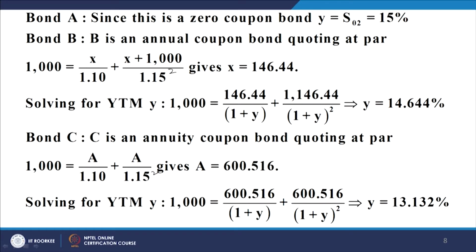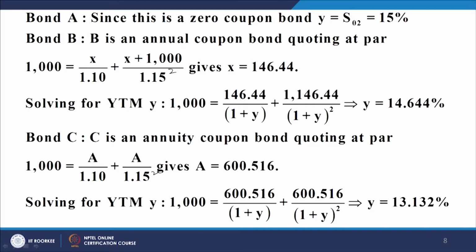A divided by 1.10, because the spot rate for a 1-year payment is 10%, plus A divided by 1.15 squared, because the spot rate for 2 years is 15% per annum, and this gives us A is equal to 600.516. So, this means that the annuity that we will get at the end of the first year is 600.516, which is also equal to the annuity that we will get at the end of the second year.